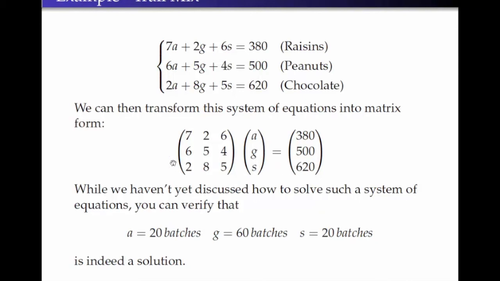We can verify just by multiplying through that this solution listed here, A equals 20, G equals 60, and S equals 20, is in fact a solution. But we don't know yet how to tell if it's the only possible solution. And that'll be the subject of the next block of lectures.